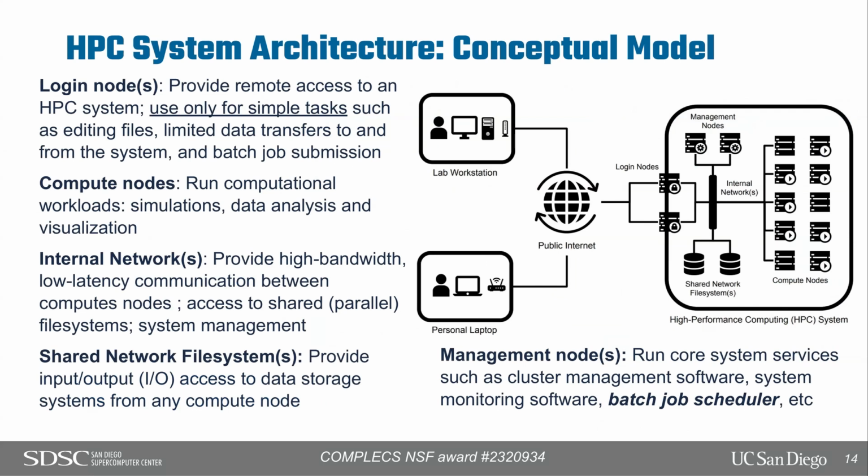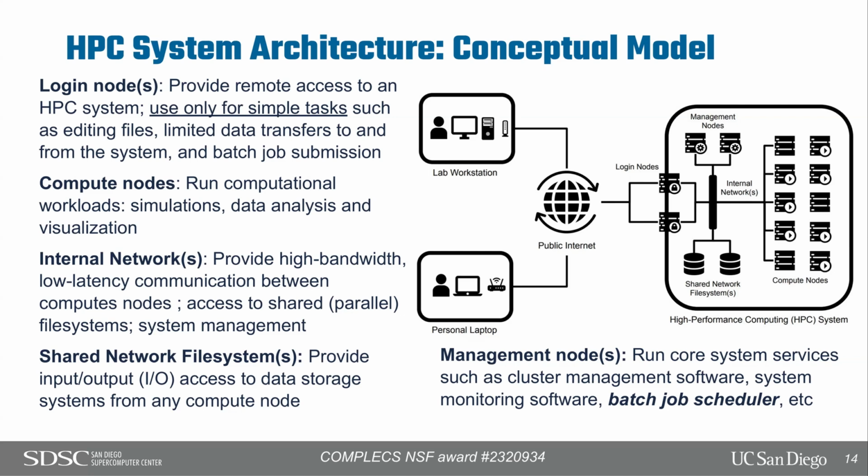But this is what I showed last time: there's a general set of types of nodes that you need to know about. Whenever you access an HPC system, there are login nodes. You submit your jobs and computational workloads to the system through the batch job scheduler, right? Those jobs run on the compute nodes. There are different sets of networks and different sets of file systems.